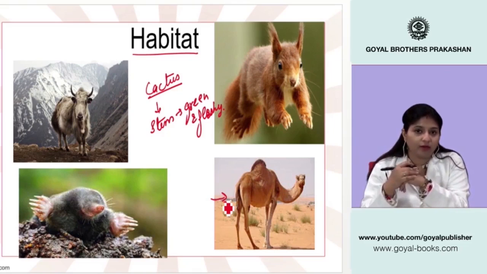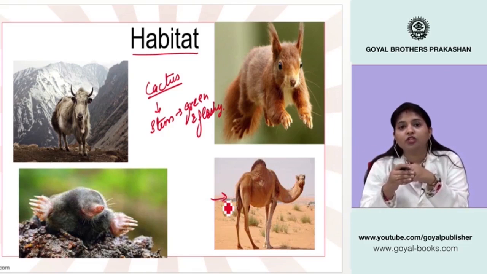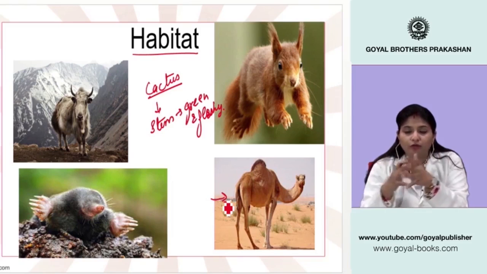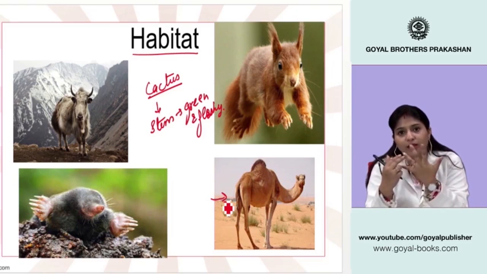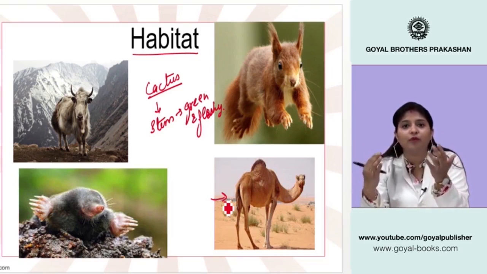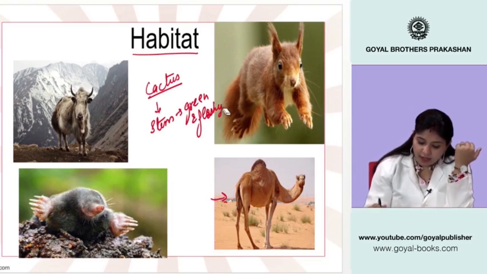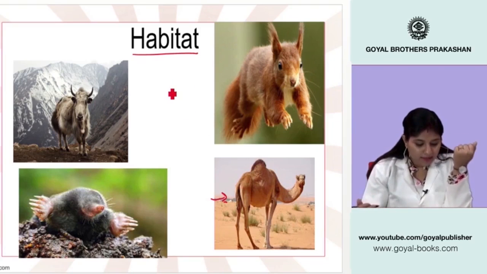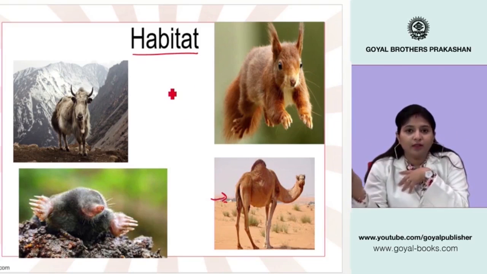Also we see there are certain kinds of birds like the duck which has developed webbed feet to swim in the water, right? So their feet are webbed, that means between their toes they have a film of skin which allows them to move forward in the water, correct? So we see how there are different ways in which a particular organism has adapted itself to survive in the environment.